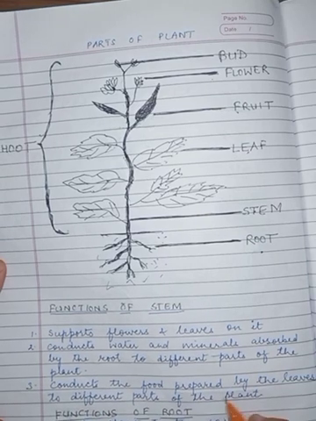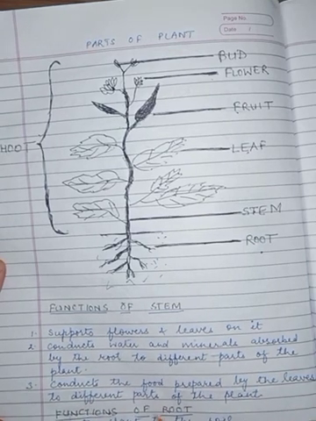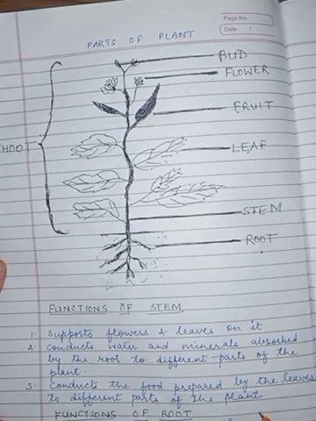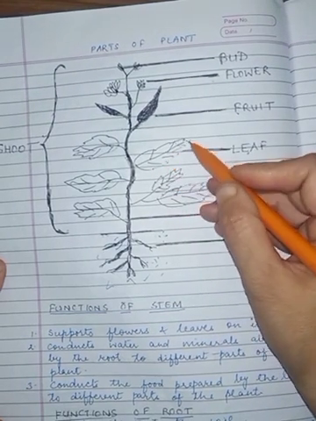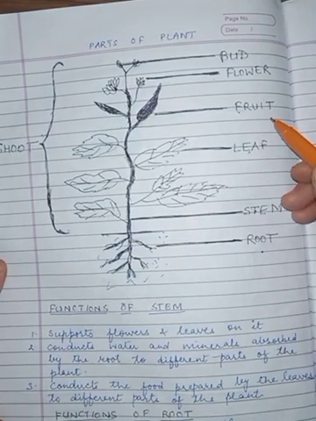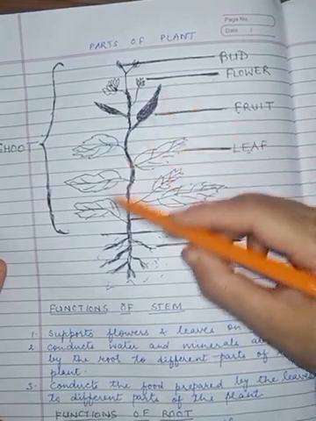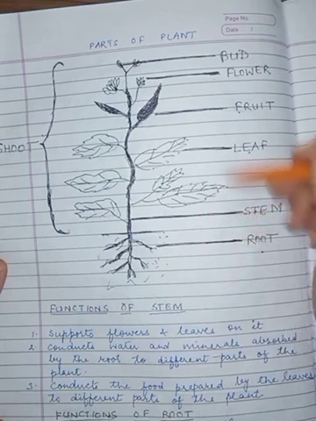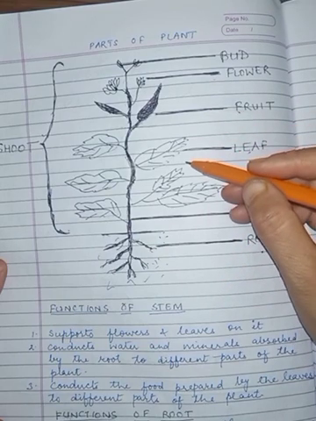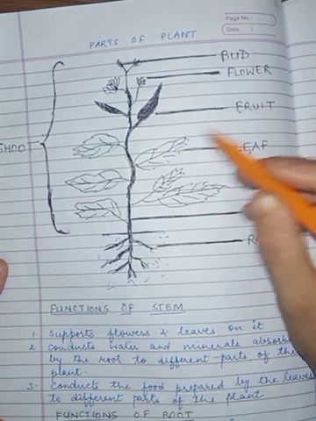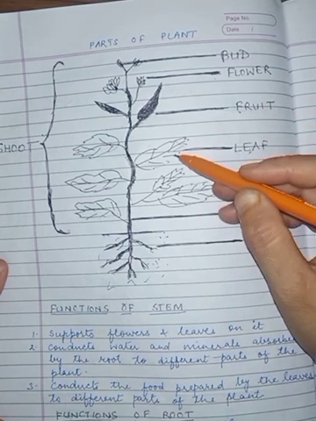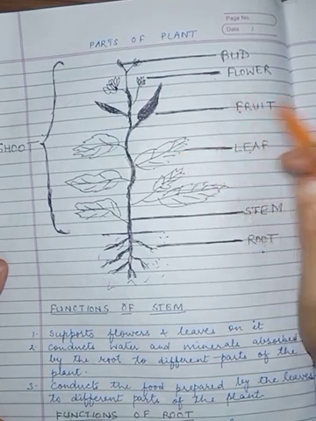Next, conducts the food prepared by the leaves to different parts of the plant. Means food is prepared by the leaves. Understood? Which part of the plant prepares food for the plant? Leaf. It is the leaves' work.